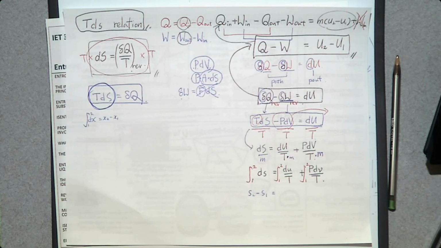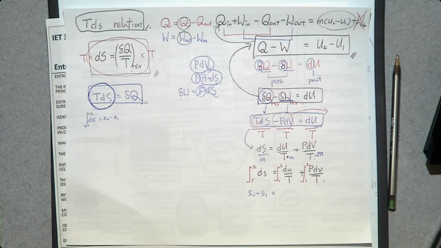Then, do we know any equation that has u and T together? Any equation that you studied that has u and T. We studied one equation in chapter 3 that has u and T together.